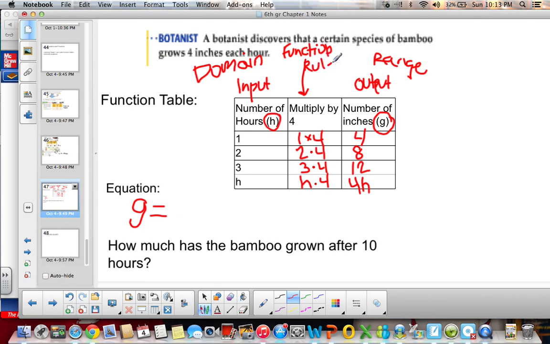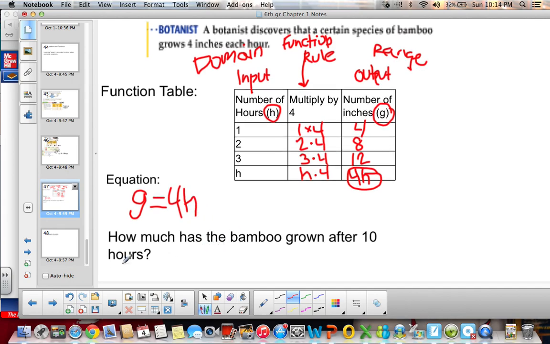Function rule. Okay, so our total is always going to be the output. So G equals, and then we know that this is our equation. G equals 4H. How much has the bamboo grown after 10 hours? So it's giving us the number of hours.